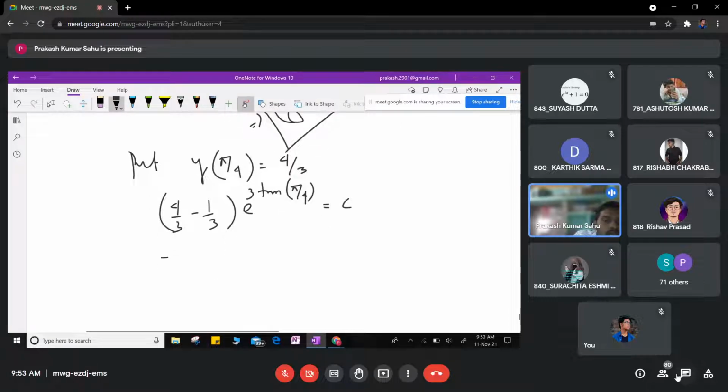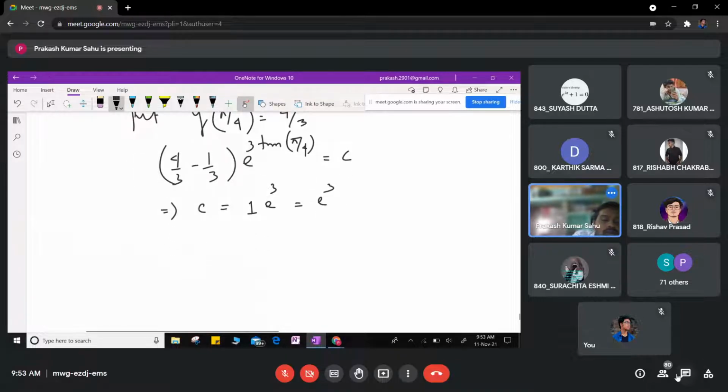So that implies your c is equal to 4 by 3 minus 1 by 3, this is 1. Yes or no? This is 1 into e to the power 3 into 1, we got tan pi by 4 is equal to 1. Is it correct? Yes, sir. So your c is equal to e cube.